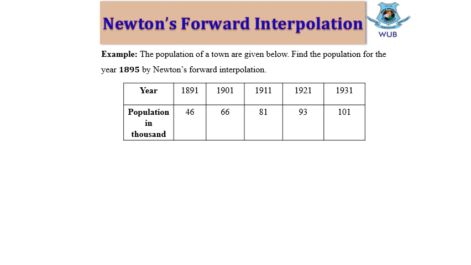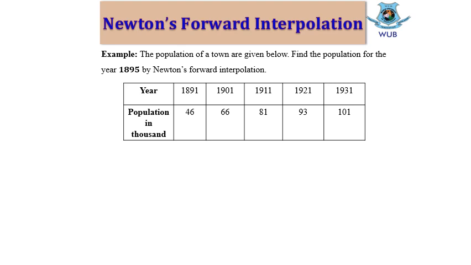The given value is the population of a town in a specific year, and you have to find out the population of this town in the year 1895, which is not given here. You can see that the population of a specific town is given for 1891, 1901, then 1911, 1921, 1931.